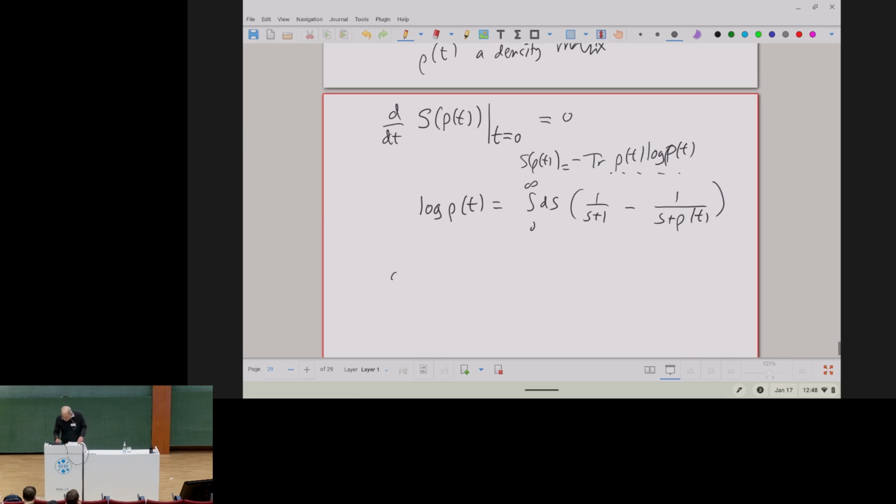If you use this fact, you can compute that d squared dt squared of S of rho of t is minus the integral from 0 to infinity ds of the trace of rho 1 over s plus rho of t, rho times 1 over s plus rho of t. That's just by calculus. Using this formula for log rho of t, it's relatively straightforward to calculate those derivatives.